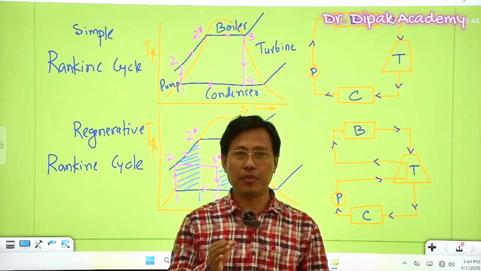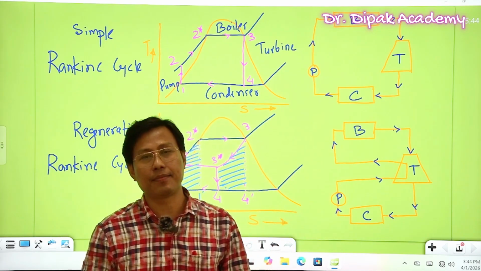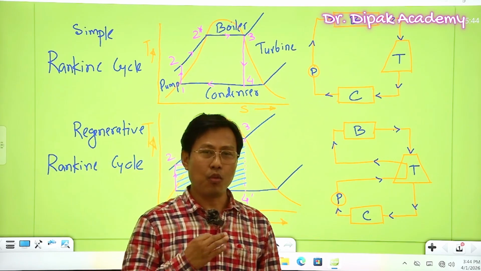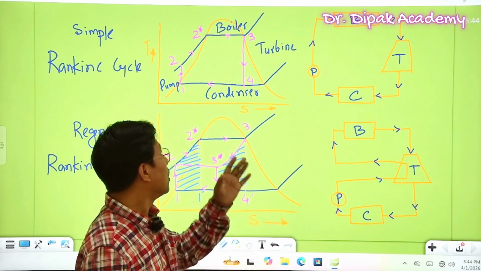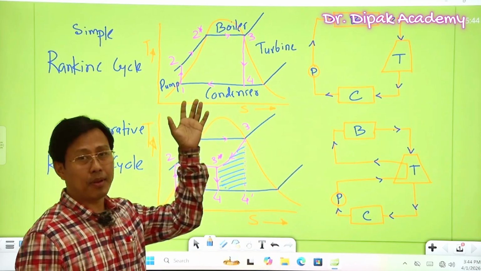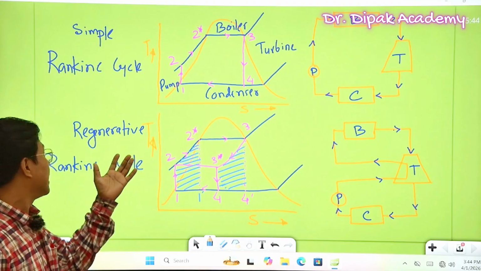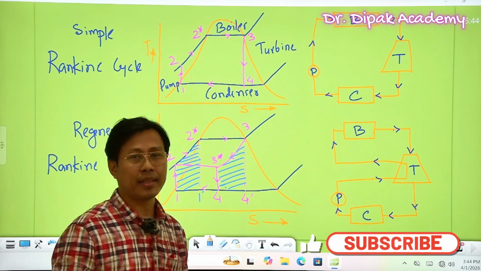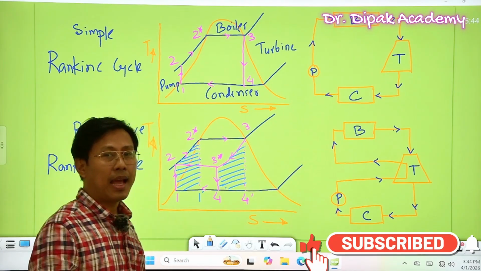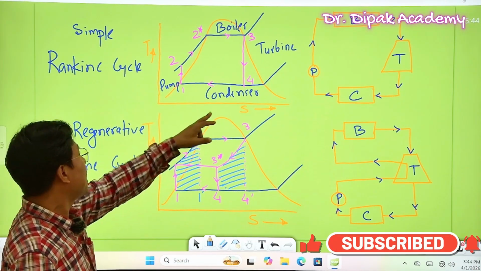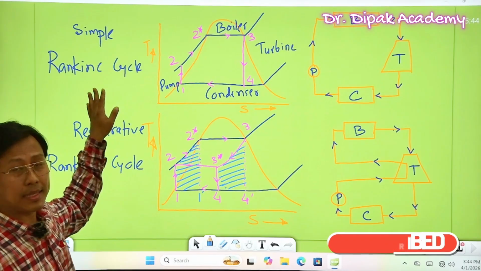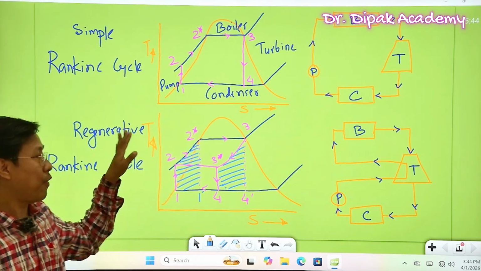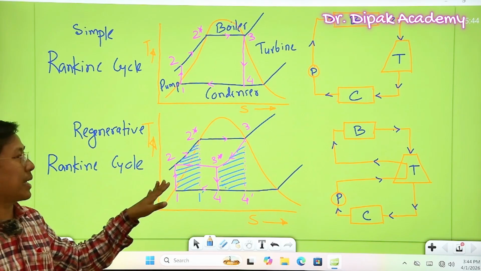So to make you understand the regenerative Rankine cycle more easily, I have drawn both the simple Rankine cycle and regenerative Rankine cycle. For easy understanding, I have drawn TS diagram for both the simple Rankine cycle and for regenerative Rankine cycle.